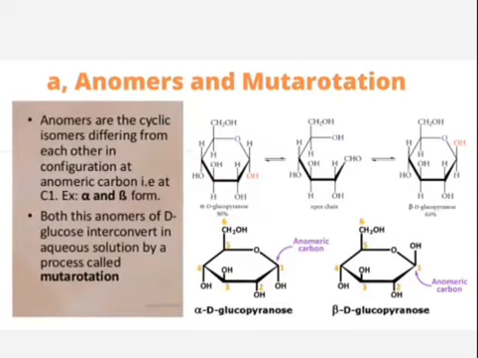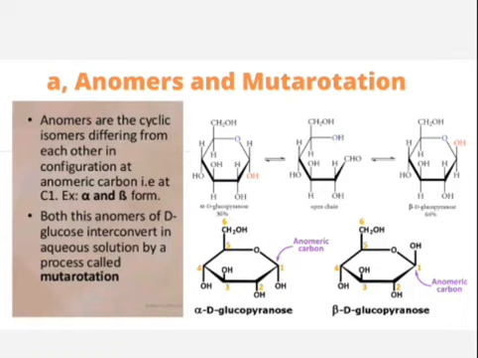It involves anomers. Anomers are those that differ from each other in the configuration only at the anomeric carbon. Anomeric carbon is nothing but C1. So it can be of two types, alpha as well as beta. In alpha, the OH will be below the plane, and in beta, the OH will be above the plane.